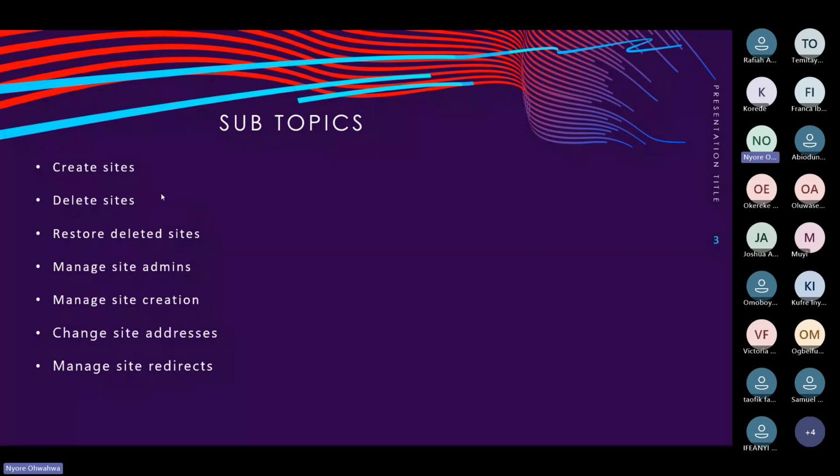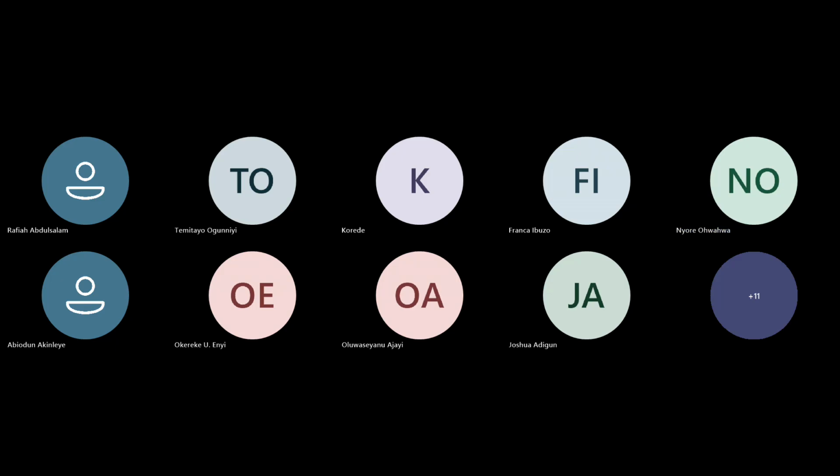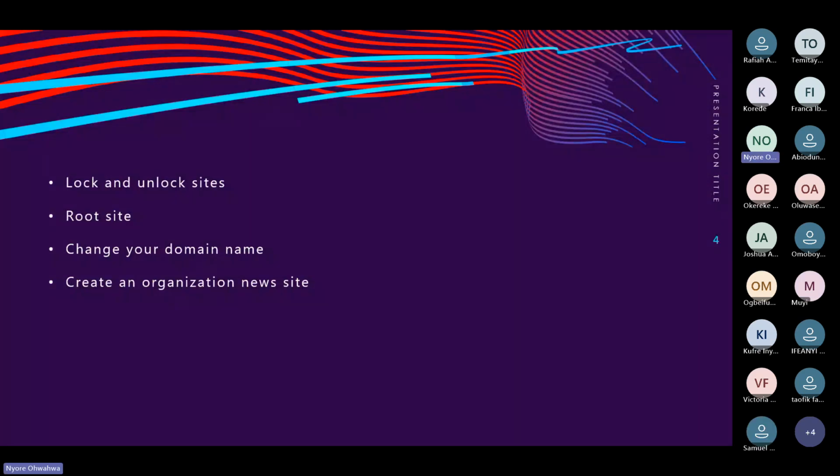Okay, so we're going to be taking a look at site creation, the site deletion, restore deleted sites, manage site admins, manage site creation, change site addresses, manage site redirects, and then locking and unlocking sites.